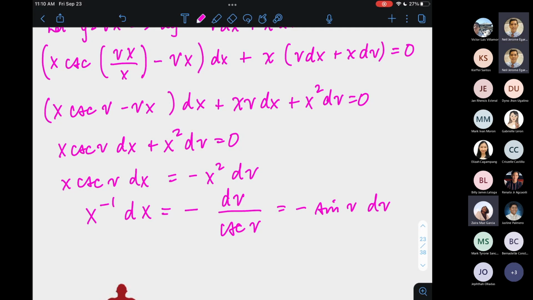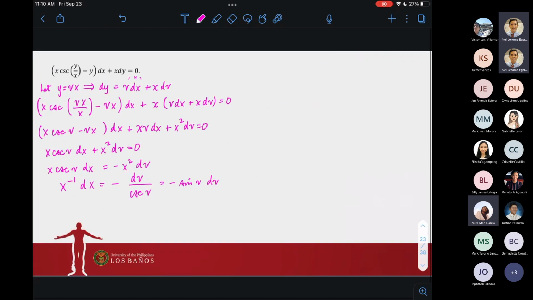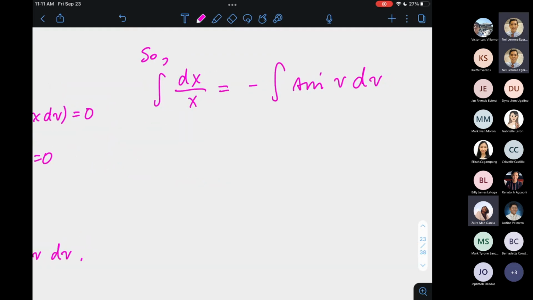All right. Then we integrate. So ang integral ni dx over x ay equals sa negative integral ni sine v dv, right? Tapos ito ay ln ng absolute value ng x. I'll defer the arbitrary constant later.